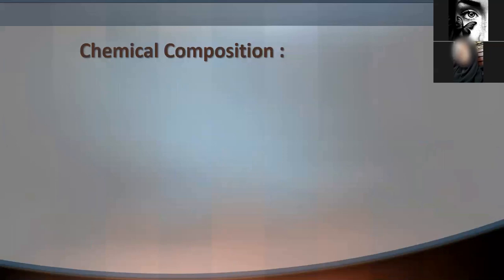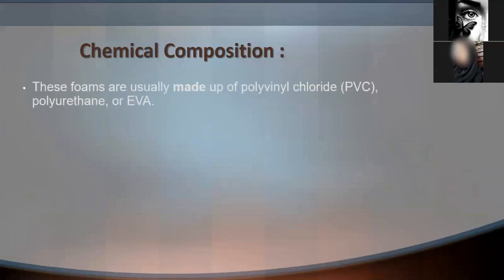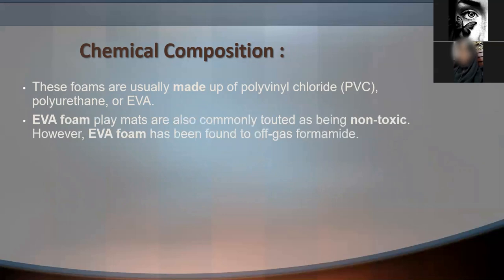Next, chemical composition of the jumbo foam play mat. These foams are usually made up of polyvinyl chloride (PVC) and polyurethane or EVA. EVA foam play mats are also commonly touted as being non-toxic.